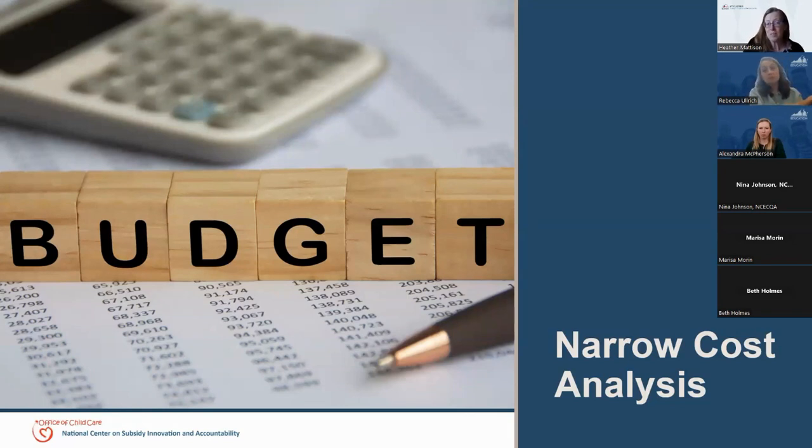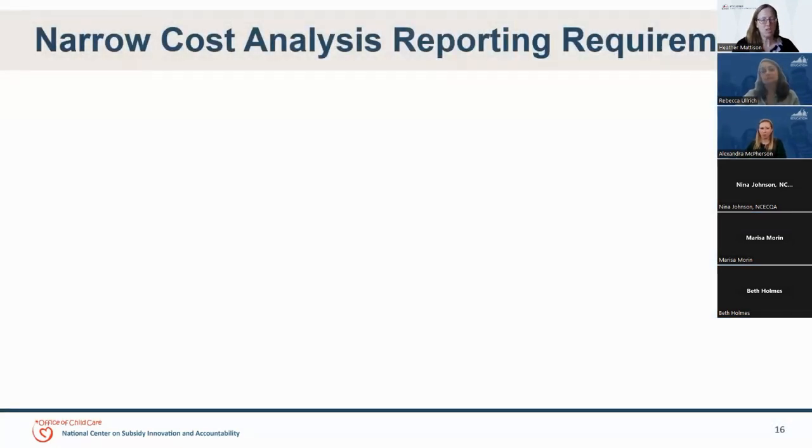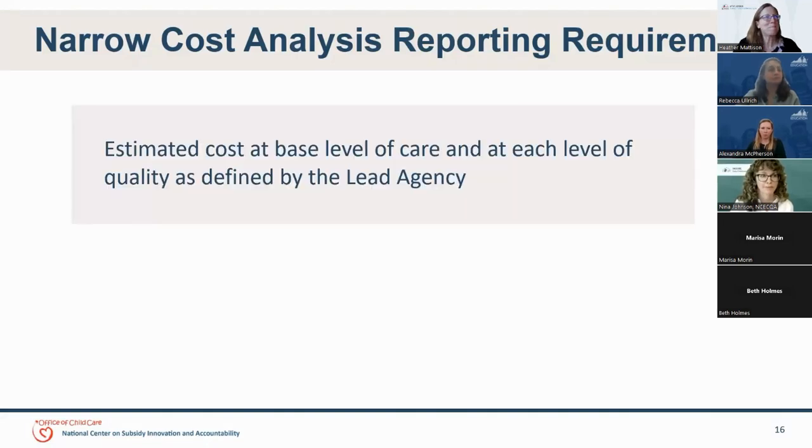If you're using a cost-based alternative methodology, as Virginia had, you might incorporate the requirements of that cost analysis within your alternative methodology. It might seem that it's all blended together, but we have separated it so that we can be very clear that those have separate requirements. And so I am going to hand it over to Nina.